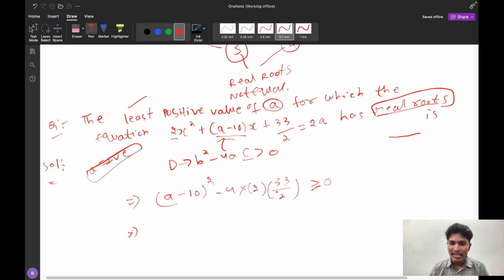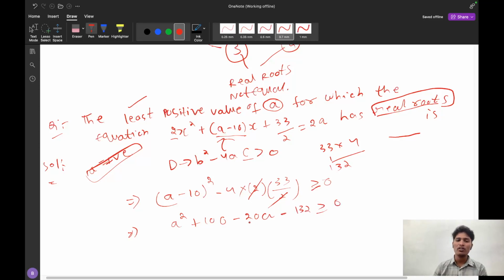Now if I open this, here I can cancel 2 with 2, and if I open (a minus 10) whole square, what I will get? a square plus 100 minus 20a, and 4 into 33 by 2 is 2 into 33, which is minus 132, greater than or equal to 0.